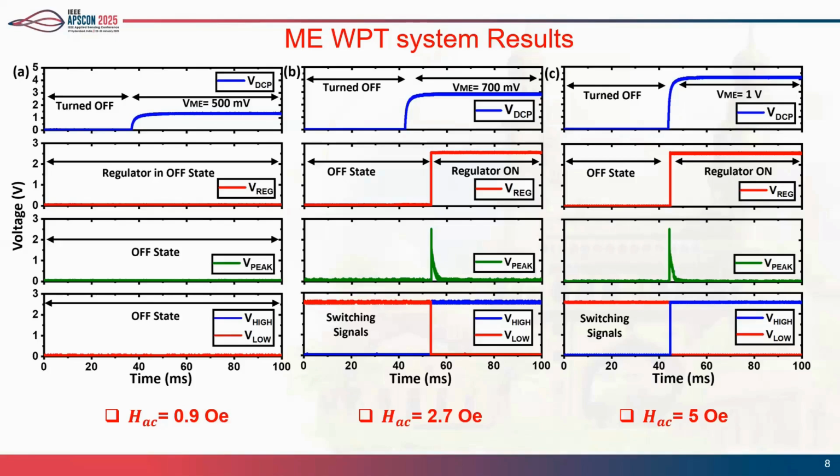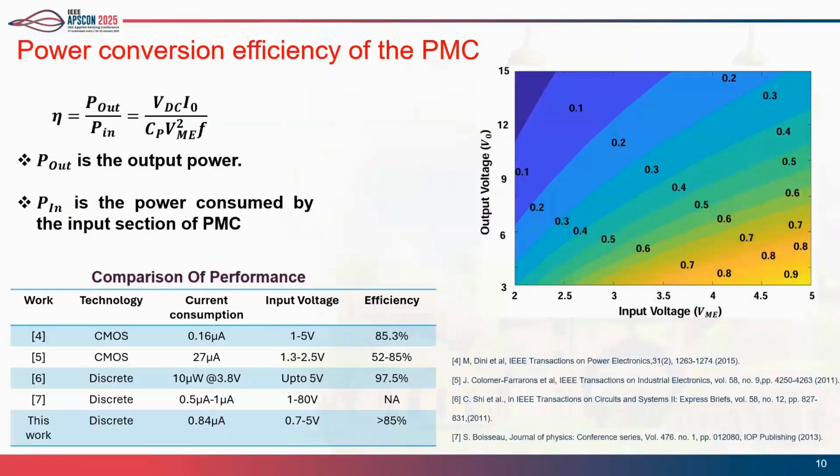That is actually allowed within the range of human body exposure and the human ambience as per the IEEE and ICNIRP standards. And this is the power conversion efficiency that we have measured for the power management circuit. We have also compared the result of our ME WBT system with state-of-the-art papers.